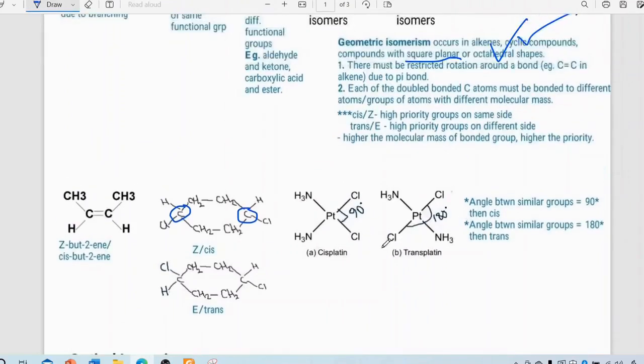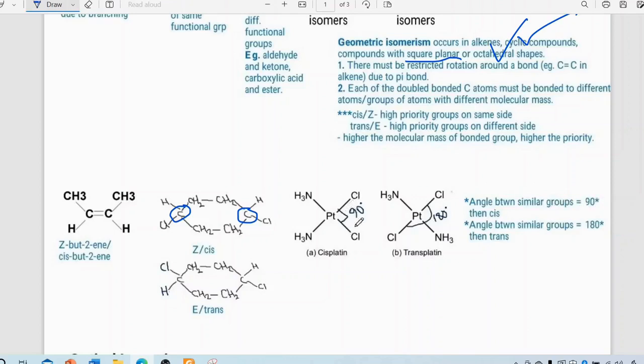For identifying cis and trans, there is a central atom, the platinum atom, bonded to four different groups of atoms. So look at the angle between similar groups, such as the chlorine groups and the NH3 groups. If the angle between the similar groups is 90 degrees, then we have the cis isomer of the square planar shaped compound.